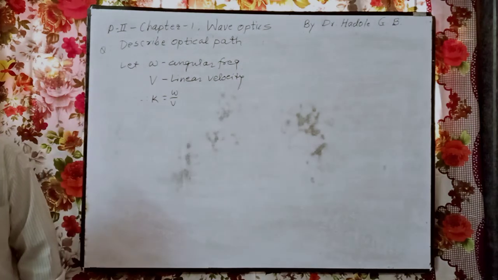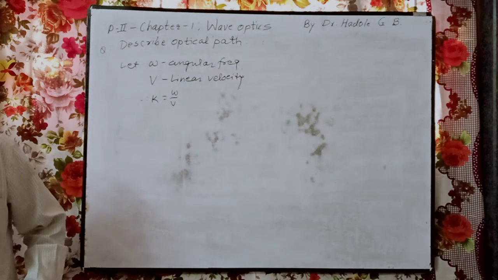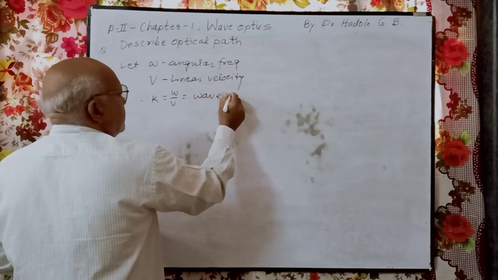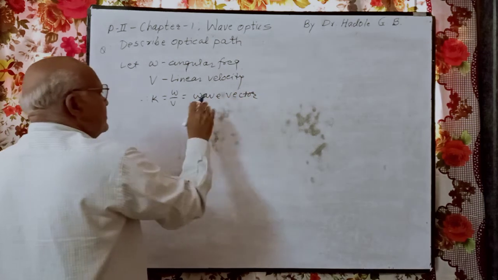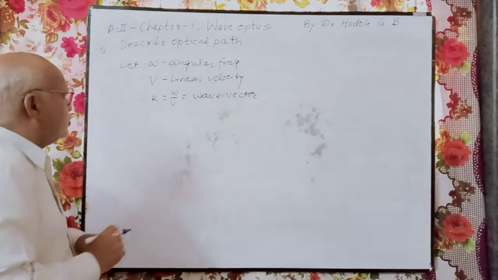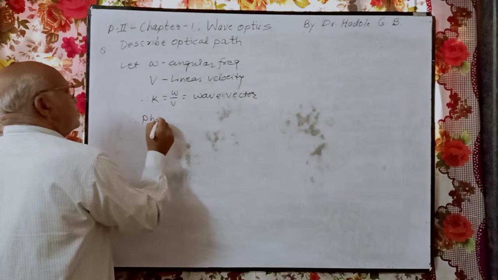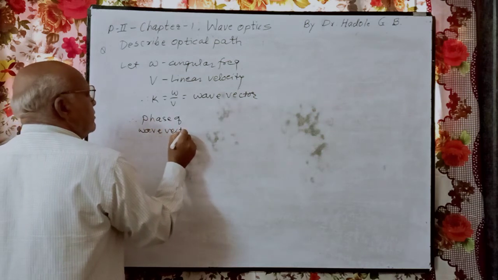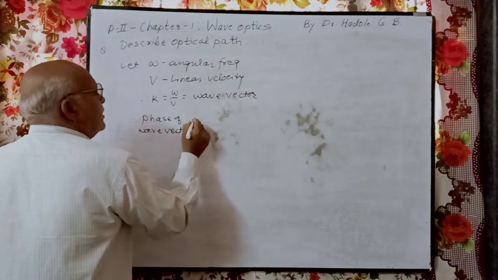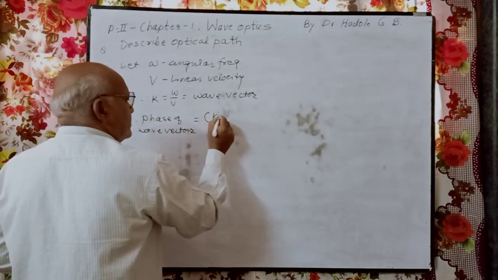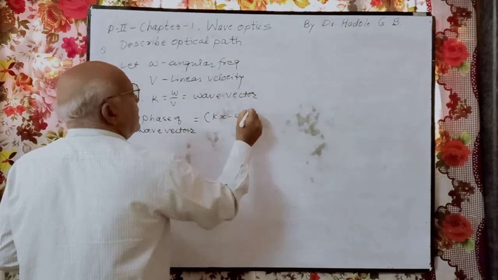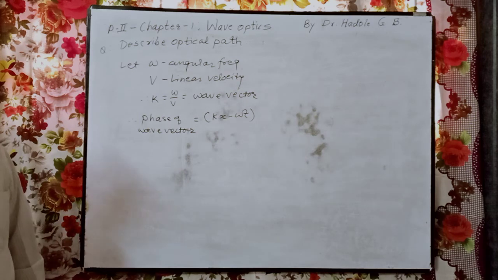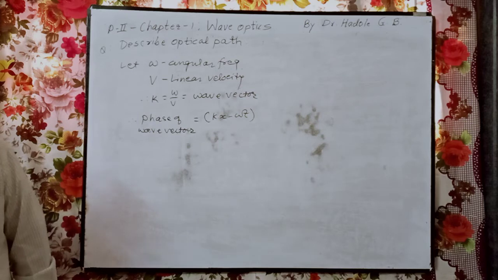What is k? K is a wave vector. And suppose that this wave vector is moving along the x direction, therefore the phase of the wave is equal to kx minus omega t, where k equals omega upon v.